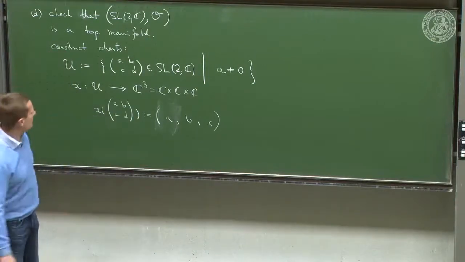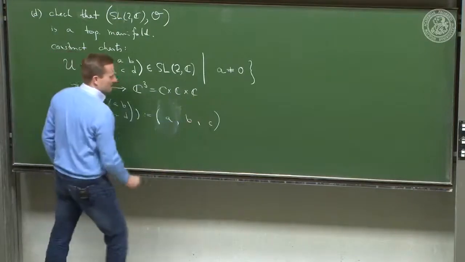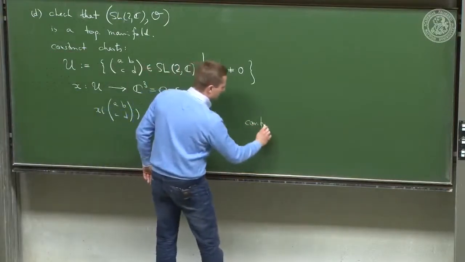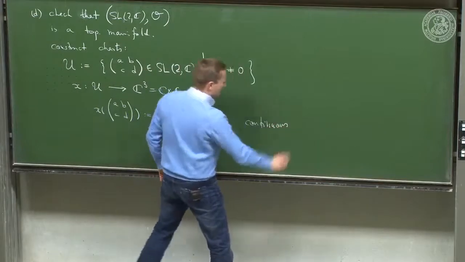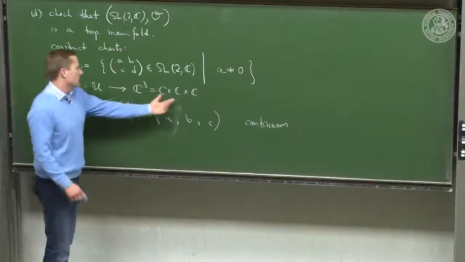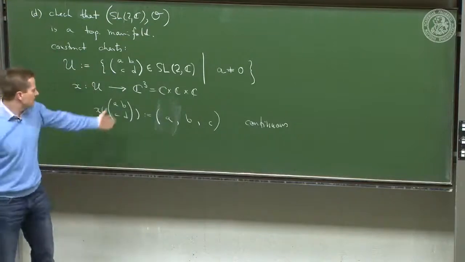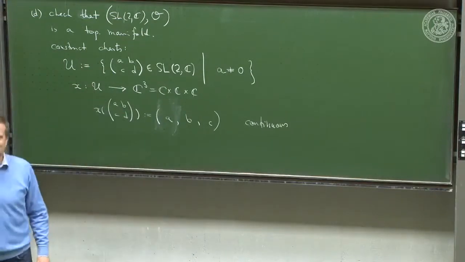Yes, in that topology we constructed, it's continuous to just look at this and write down this. What you need to check is whether pre-images of open sets under this map are open. This is the case. It's very trivial.